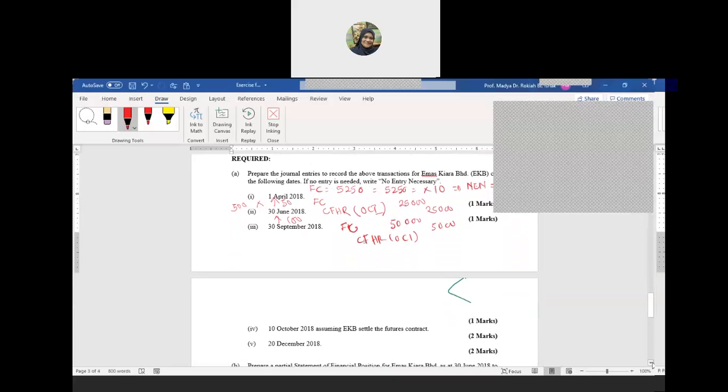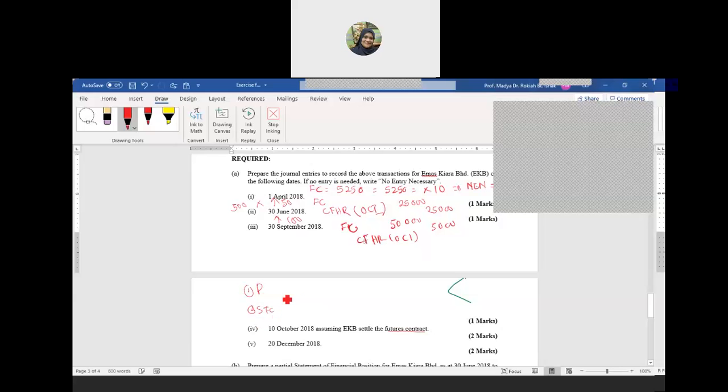Assuming that you settle the future contract here, what happened on 10th of October? A few things happened. The first one, you purchase 500 ounce, and then you settle the future contract.